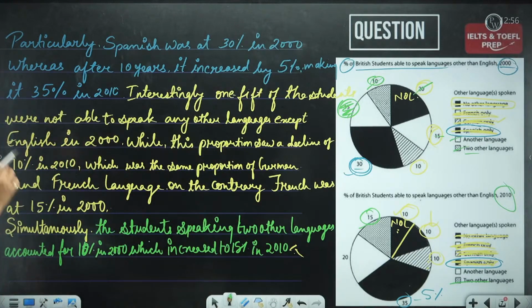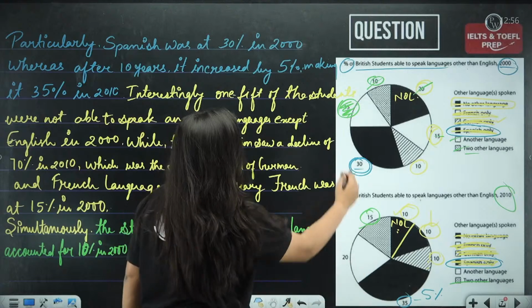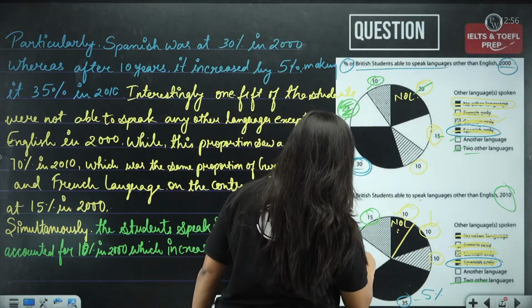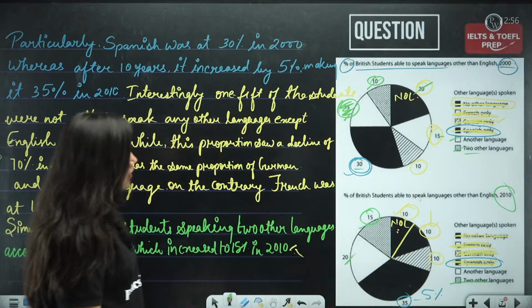Done? And last but not the least, I'm talking about another languages. Okay? Another languages was at 15% and then it increased to 20%. Right?